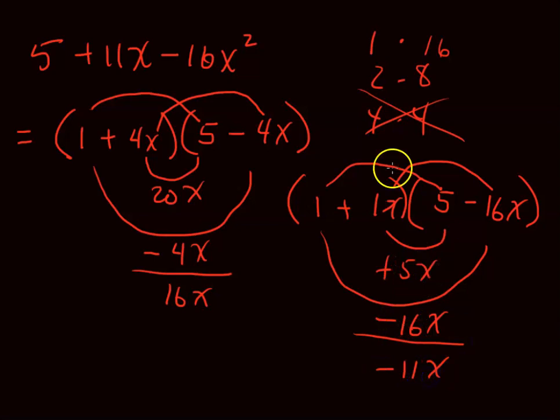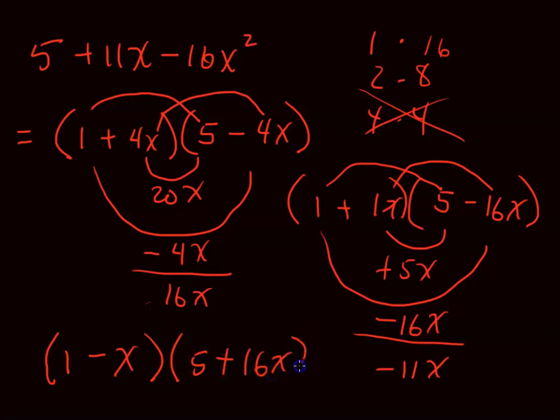Oh man, it's almost right. I need a positive 11x. So what do we do? Switch these two signs. So your final answer, 1 minus x and 5 plus 16x.